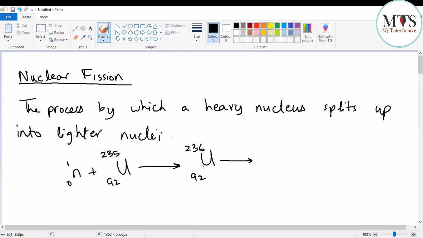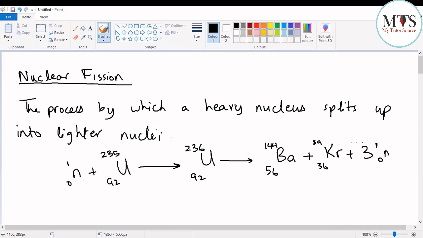Now this nucleus decays radioactively, and it splits into two different nuclei of two different elements. You have barium, and you also have krypton, and you also have three neutrons being released.